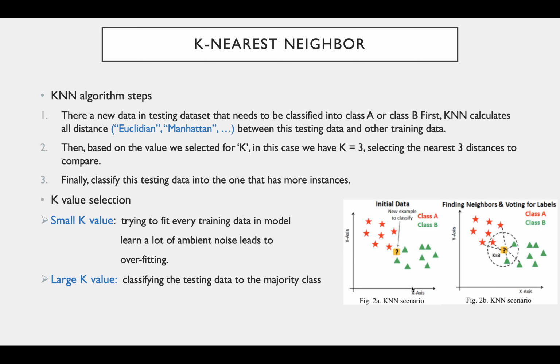And the second algorithm that I implemented is the KNN algorithm. The steps are listed below. First, there is new data in the testing dataset that needs to be classified into class A or class B, as Figure 2 below shows. First, KNN needs to calculate all the distances between this new testing data and all the other training data.